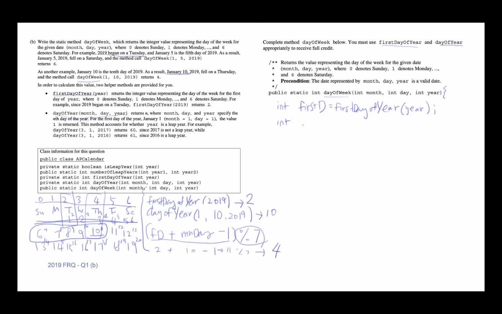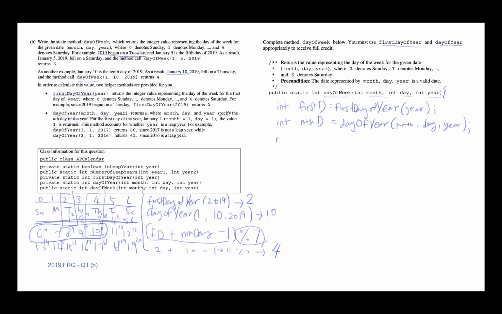Next helper method we're going to use is day of year. The variable name is going to be nthD, day of year, and we're going to pass month, day, year as its argument. And the month, day, year come from the method parameters.